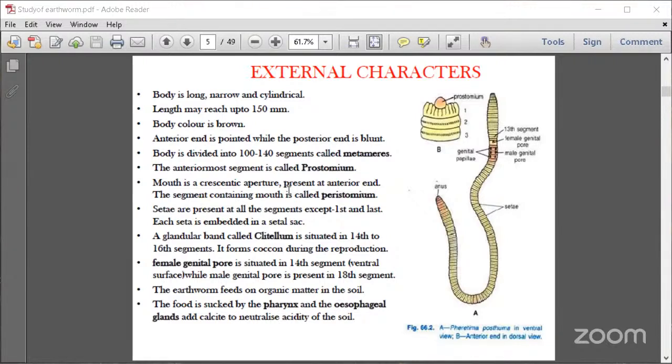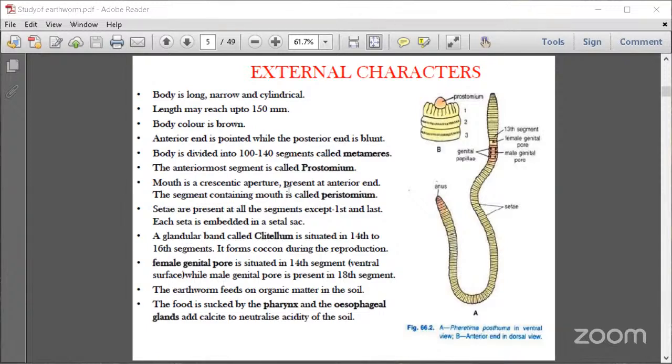The earthworm feeds on organic matter in the soil, which is sucked in by the pharyngeal region, the pharynx, and the oesophageal glands add calcite to neutralize the acidity of the soil, meaning it changes the pH of the soil.